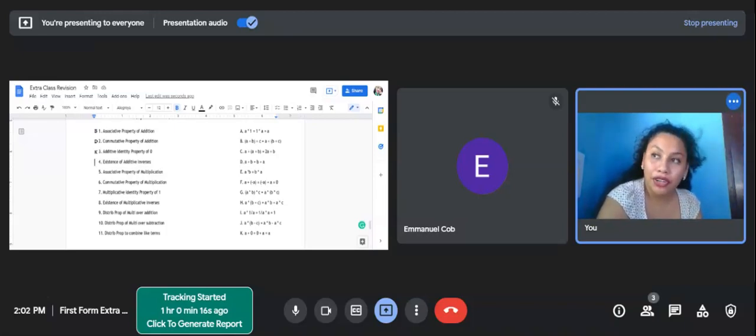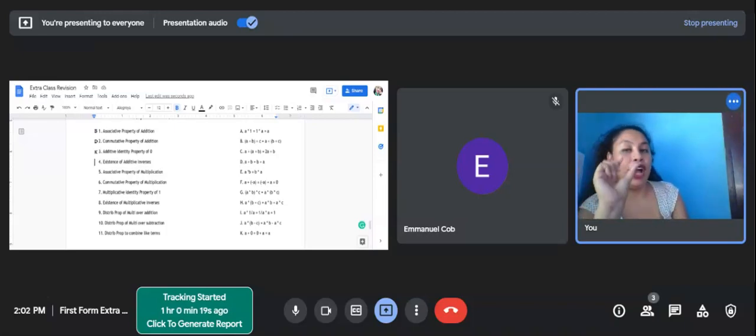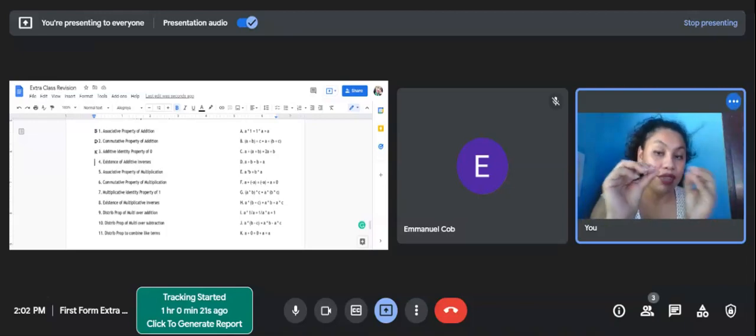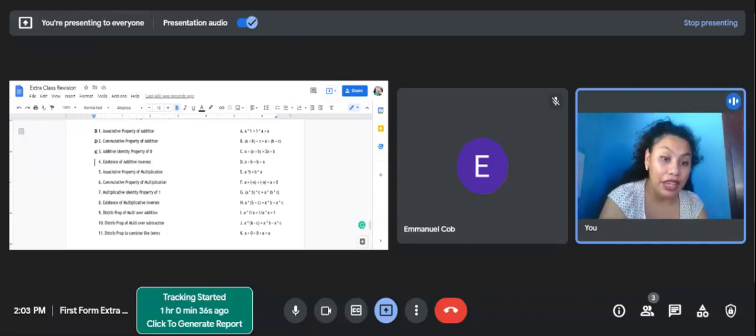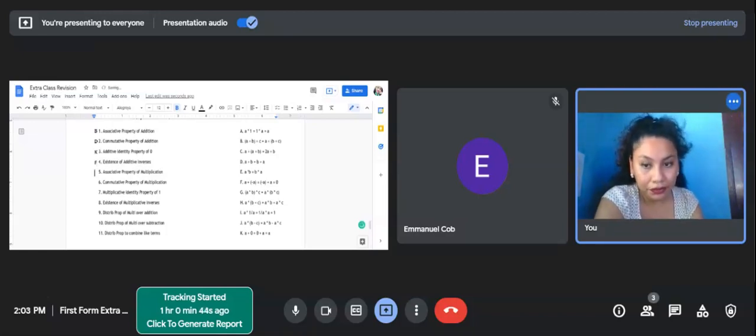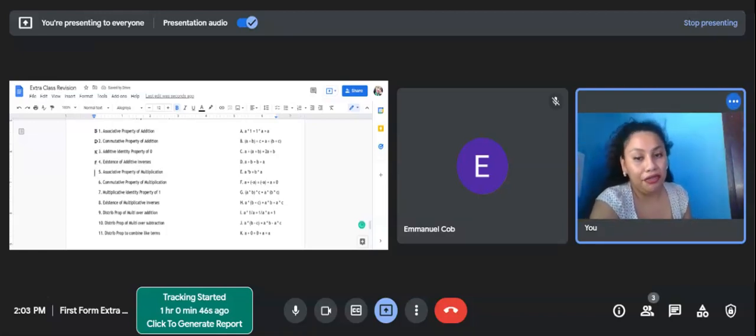So now when I talk about the inverse for addition, I need a positive and I need a negative of the same number so that when I add them, that gives me 0. So I need to look at everything that is given here to me, and the only one that shows that is letter F. Take a look at letter F. It says A plus negative a, and that is equal to negative a plus a. And when I solve that, it gives me 0. So letter F is number 4.